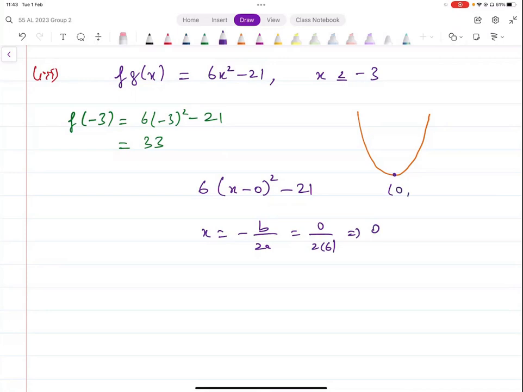You input that back in the function, you get -21. That's the turning point. But what's the domain that we have? The domain is less than or equal to -3. That means it's to the left of it. -3 and 33. The function is only valid for this part. Turning point is not in our domain. It's outside the domain. So what's the range of this function then? Greater than or equal to 33. That's the range.